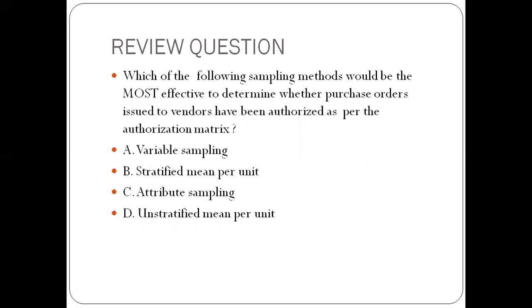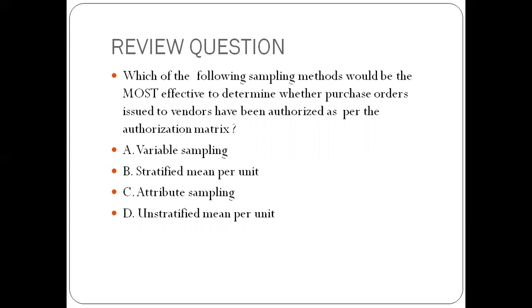All right, the next question says, which of the following sampling methods will be the most effective to determine whether purchase orders issued to vendors have been authorized as per the authorization matrix? So you can see that is compliance, right? Whether they are following orders in the issuance of purchase orders.